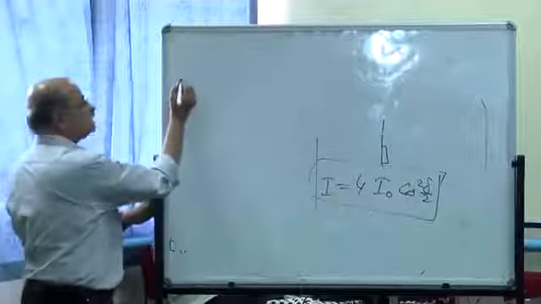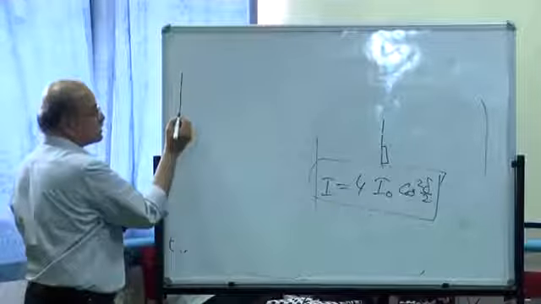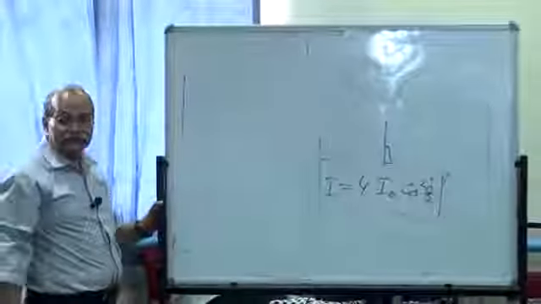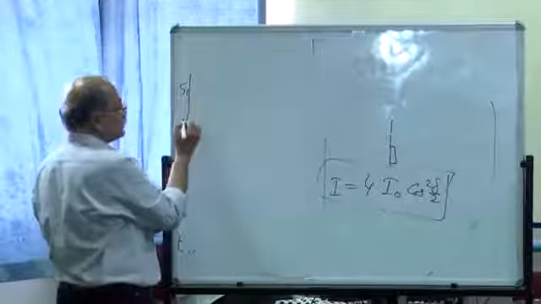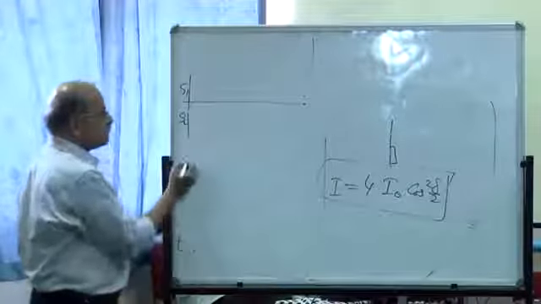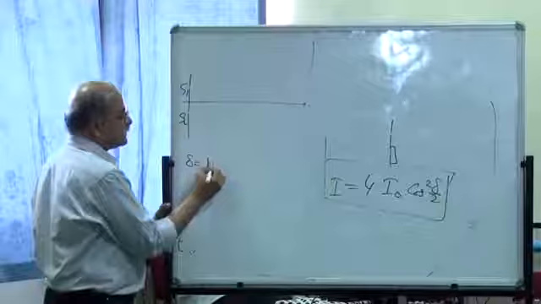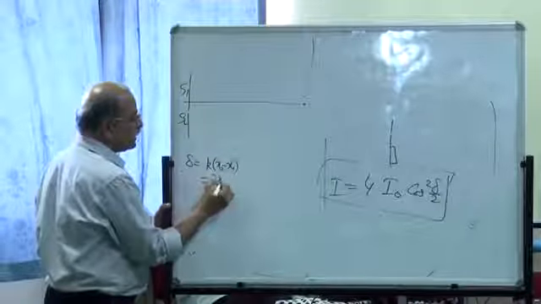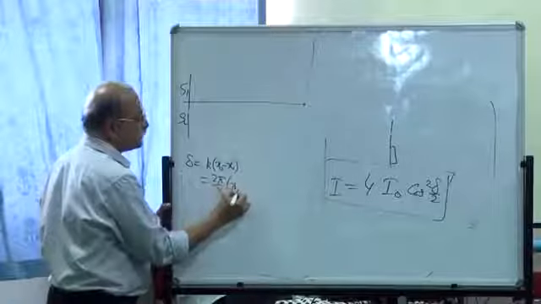Once again the diagram: my two narrow slits, and then at a large distance I have this screen. This is S1, this is S2, this is a central point. Remember, delta is k times x2 minus x1, or 2 pi by lambda times x2 minus x1.